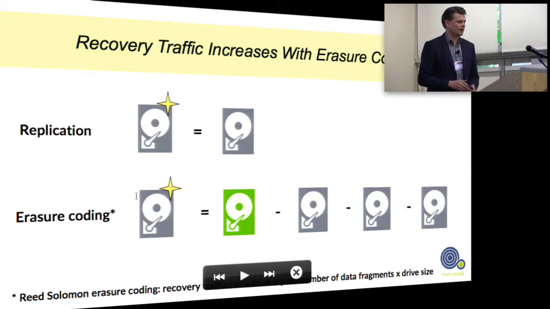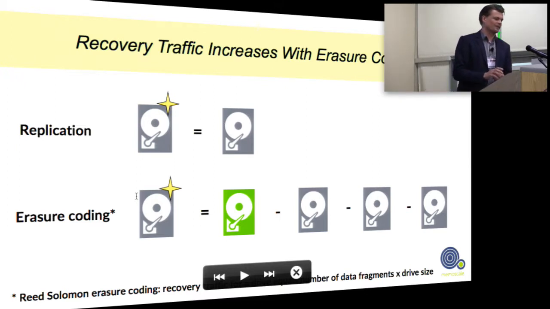I'm going to show you how erasure coding increases the network traffic. So with replication, if something gets lost, you simply copy the data from one location to another one. With erasure coding, it's a bit more complicated because there are dependencies between the fragments that you stored.